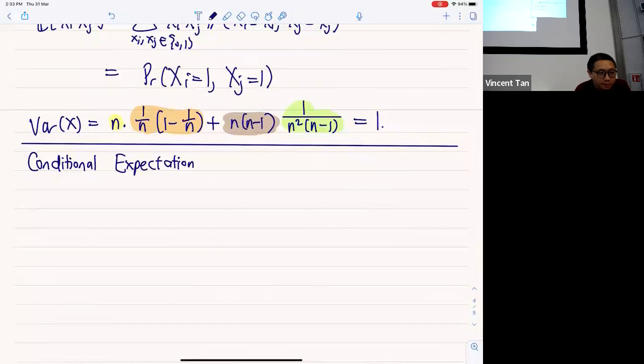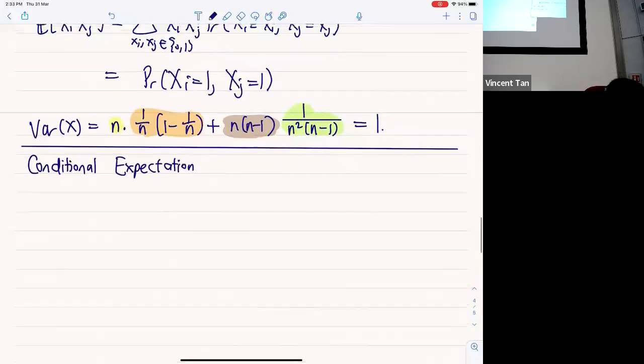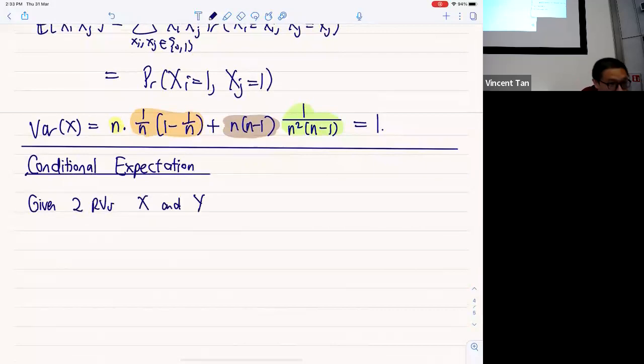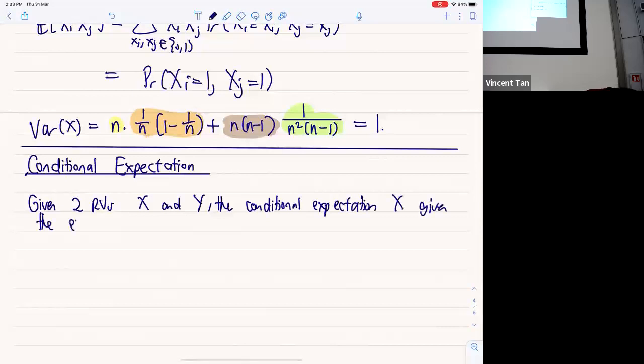Let us recall what we mean by conditional expectation. You have seen this before. Given two random variables X and Y, the conditional expectation of the random variable X given the event Y equals y, which is a particular event, is written as the expected value of X given Y equals y.